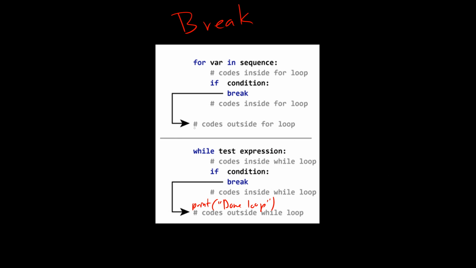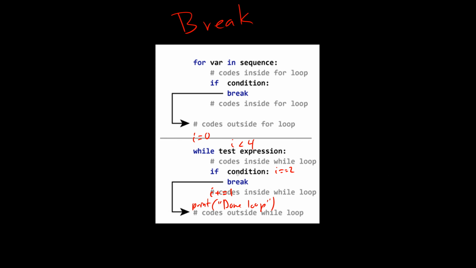Let's say we had i equals 0, and here it's i is smaller than 4. But then if this condition was i equals 2, then once i is equal to 2, it's going to go to the break statement. And the break statement will break out of the loop for you. So it's going to go right away to the next statement outside of the loop.